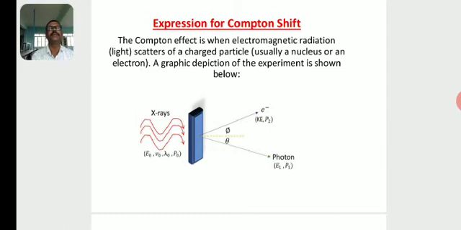They have their own kinetic energy and momentum. E naught is the energy of the X-rays, V naught the velocity, lambda naught the wavelength, nu the frequency, and P naught the momentum of the X-rays.